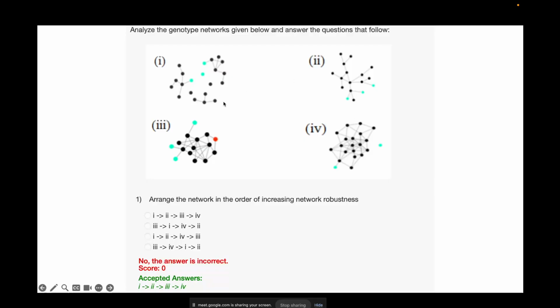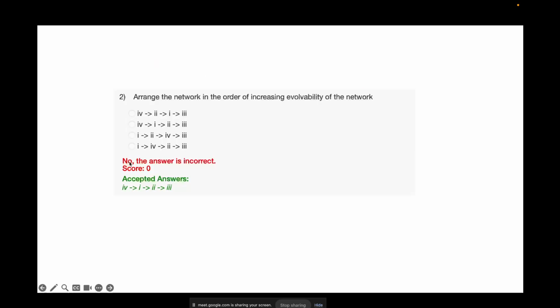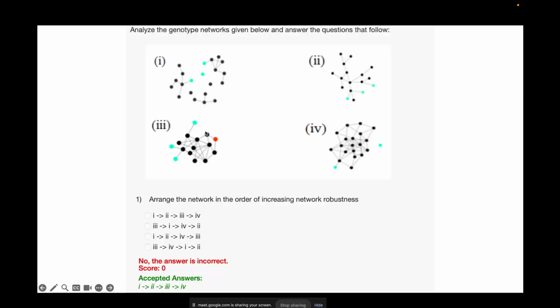The same concept applies to 2 and 3. So 2 and 3 will be slightly better than 1, with 3 being the best. So 4 is the lowest one, then 1, then 2, then 3. 3 is the best network to evolve. You have enough robustness inside, and you have these three connected nodes which allow for evolvability.